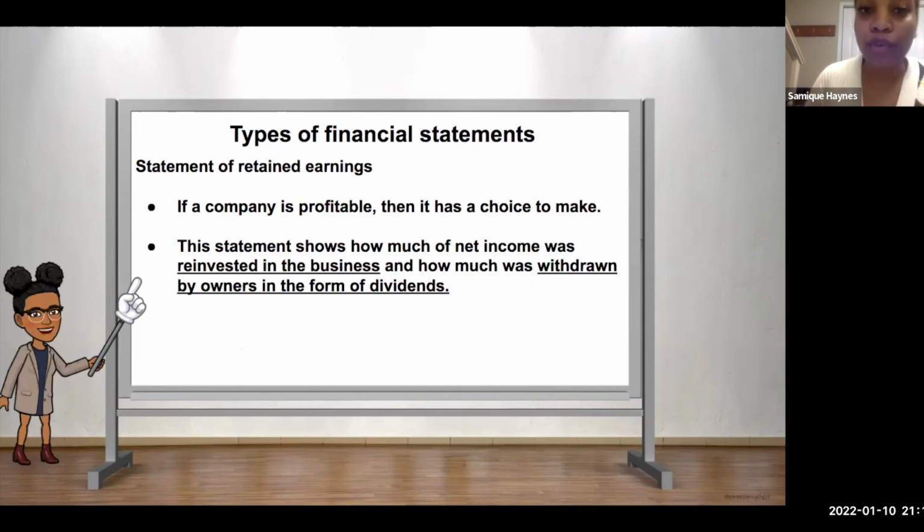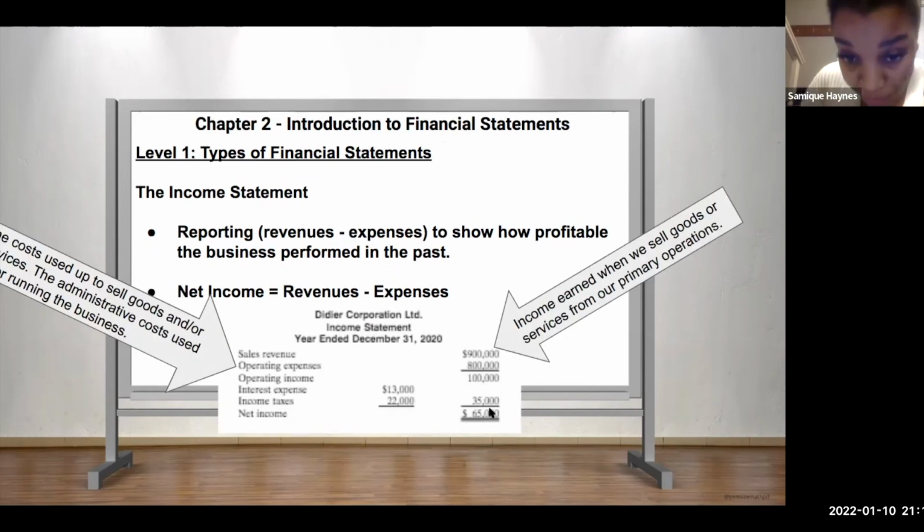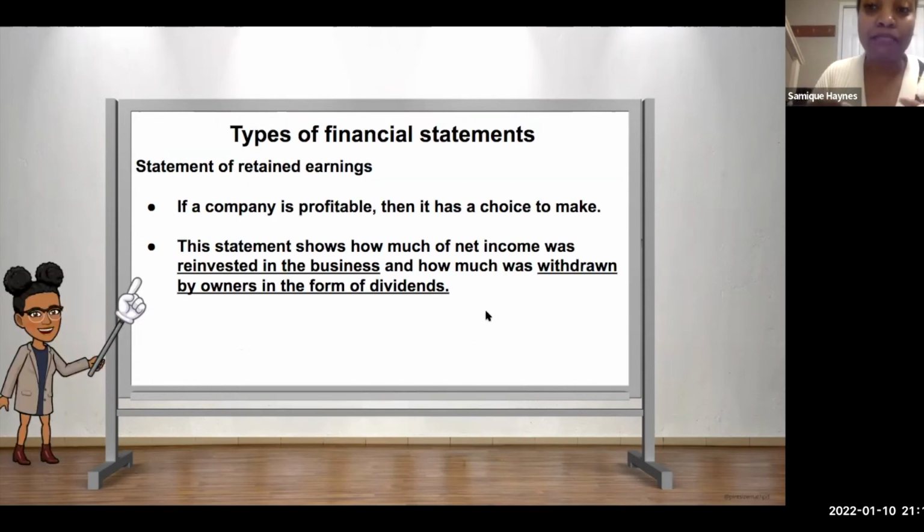We have also talked about retained earnings in this class already. And we understood that if a company is profitable, then it has a choice to make. If I make a profit up here, right, we made a $65,000 profit. We have a choice now as a business. We can reinvest this full $65,000 back into the business so that we can continue to operate and grow as a business.